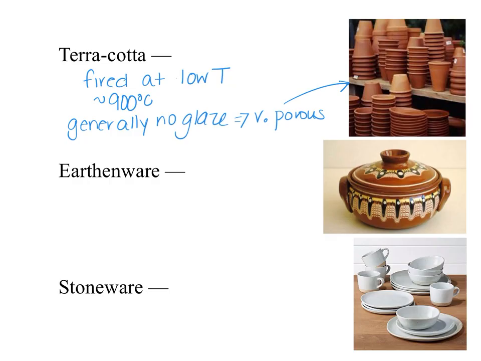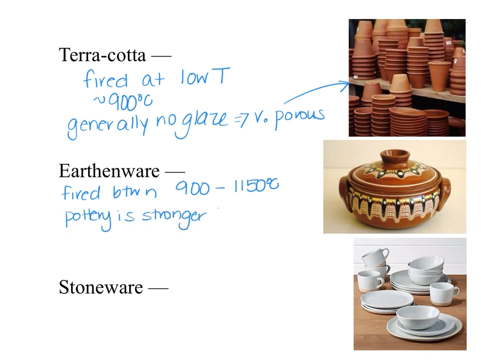Then the next example is earthenware. This is fired between 900 to about 1150 degrees Celsius. This pottery is stronger than terracotta and less porous.